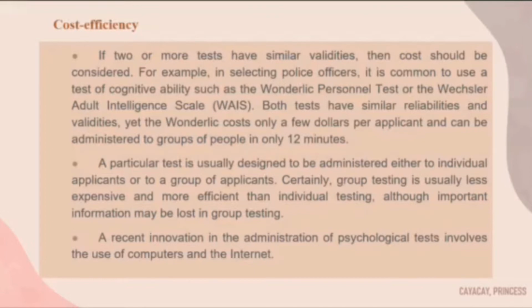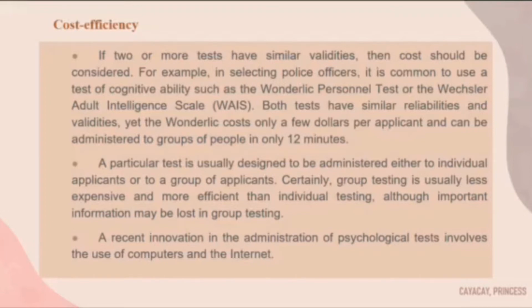Although both tests have similar reliabilities and validities, sinasabi dito that if we use the Wonderlic Personnel Test, it will be easier for us to gather the information and also less expensive, since it only costs a few dollars per applicant and can be administered to groups of people in only 12 minutes. Unlike the Wechsler Adult Intelligence Scale, that is an hour per applicant and costs more than $100 per applicant.